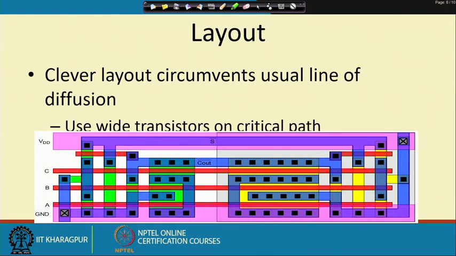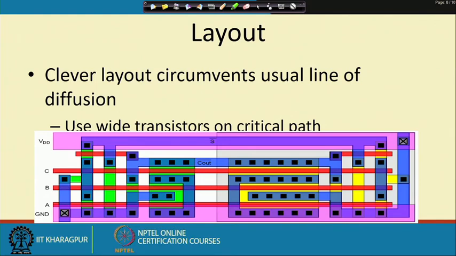So, this layout, what is layout? Layout is nothing but the geographical description of the transistor placement. Whatever transistors, whether NMOS or PMOS, and how their source, gate and drain are connected, that is informed in this layout form.